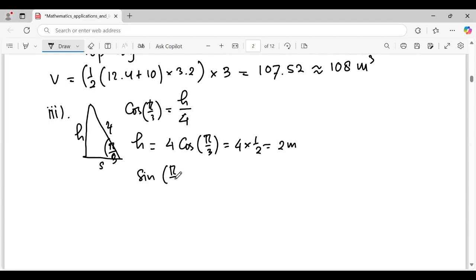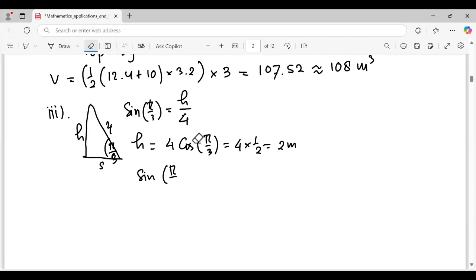Sine pi third, sorry, this is actually sine, not cosine. This is sine, I mean. Okay.